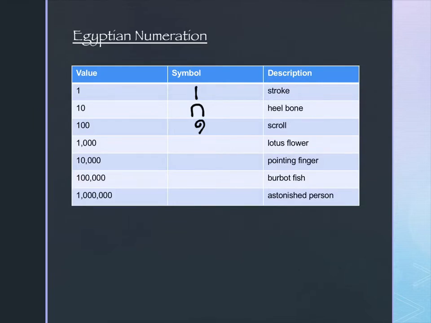So just kind of throwing that out there, that this is not standardized, it didn't always look exactly like this. The number 1,000 is where the symbols start to get more complicated to draw. You're not going to be drawing them, you're going to be selecting them from multiple choice settings and things like that. But it's called the Lotus Flower, and it looks something like this.